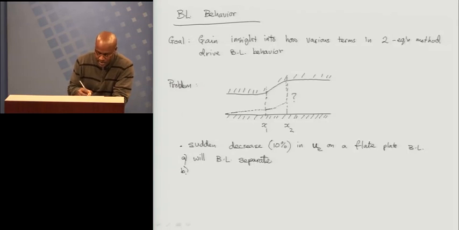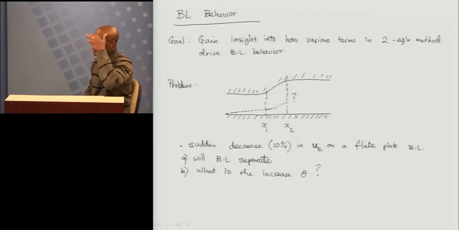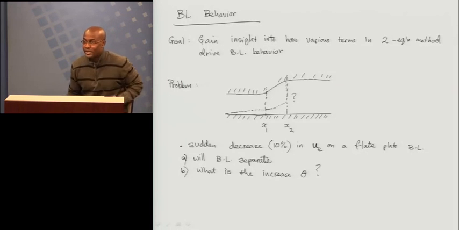And the second thing we want to look at is, what is the increase in theta? Okay, so in these, our length scale that we use to look at our profile is the momentum thickness. So we're going to look at the momentum thickness.